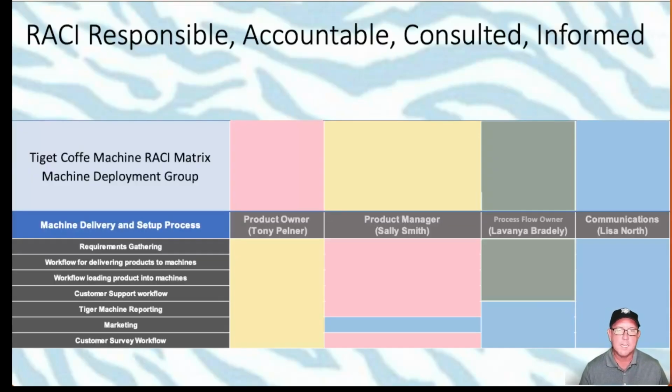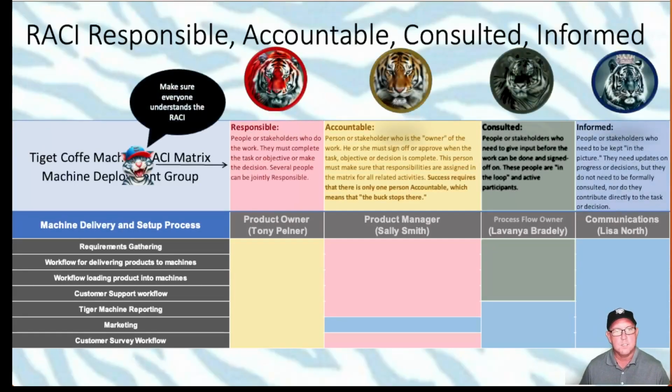All right, now let's use this in our RACI example. So whenever you create a RACI and when you're starting to mark down the matrix of who's responsible, accountable, consulted, and informed, always make sure that you have the definitions where people can look at it throughout the process. Don't just present what it is and think everybody's on the same page.